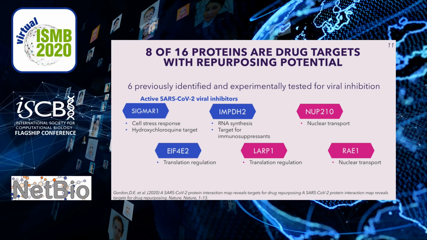So we're already on a great start towards repurposing drugs for SARS-CoV-2. Additionally, there's 2 targets that we've identified that have not been identified in the context of COVID-19. So these are under development by us, and they will be out soon, so keep your eyes open for them.